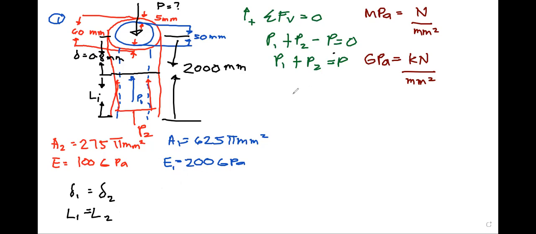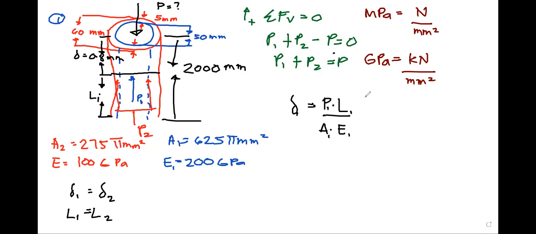So, let's go back to the formula I made, technically the formula I showed earlier. We have this formula: deformation is equal to P multiplied by length over area multiplied by modulus of rigidity. Okay? So, we have P. Let's say all of these are 1. So, 1, 1, then 1. Then, since we said L1 is equal to L2, we can safely assume L is also 2,000 mm.